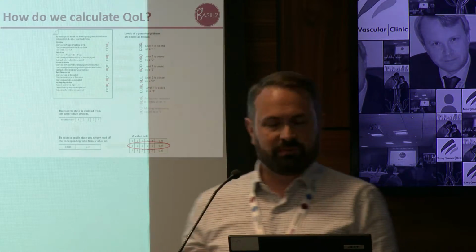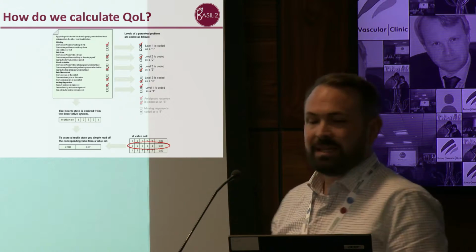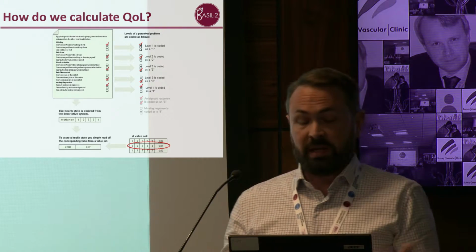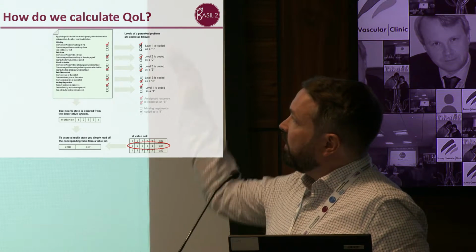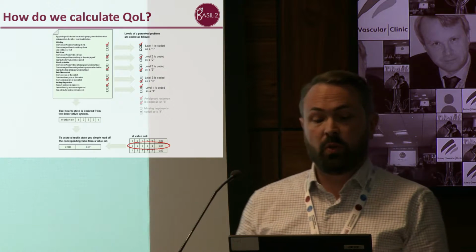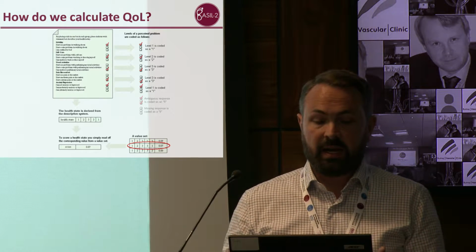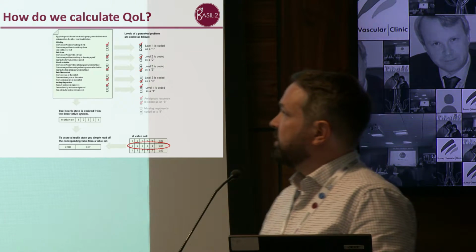So collecting quality of life, how exactly do we do it? This is just to give you an example, and it applies to all the other generic forms. So this one is the EQ5D. We've got 5 different questions that we ask, so it's quite short and quick. There's mobility, self-care, usual activities, pain, and anxiety and depression.